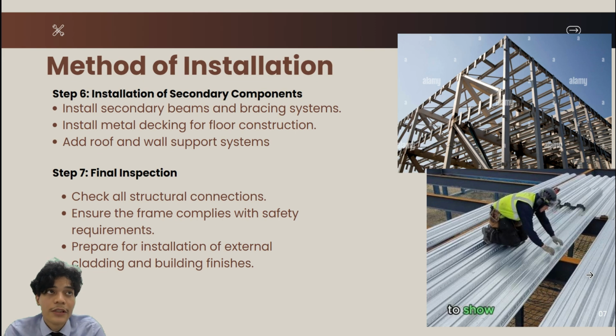They also provide support for the roof and walls. For multi-story buildings, metal decking is commonly installed on top of the steel beams before the concrete flooring is constructed. This creates a strong composite floor system that works together with the steel frame.